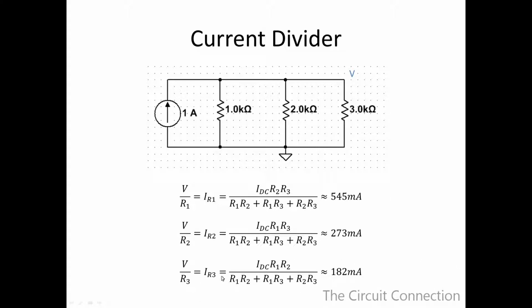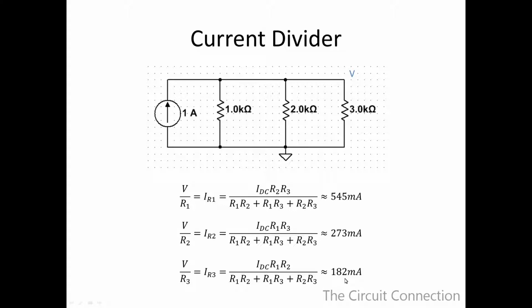Next, for the current through R3, everything is the same except for these two terms here. Instead of having R1 R3, we have R1 R2. And when we put in our values, then we'll have an approximation of 182 milliamps.